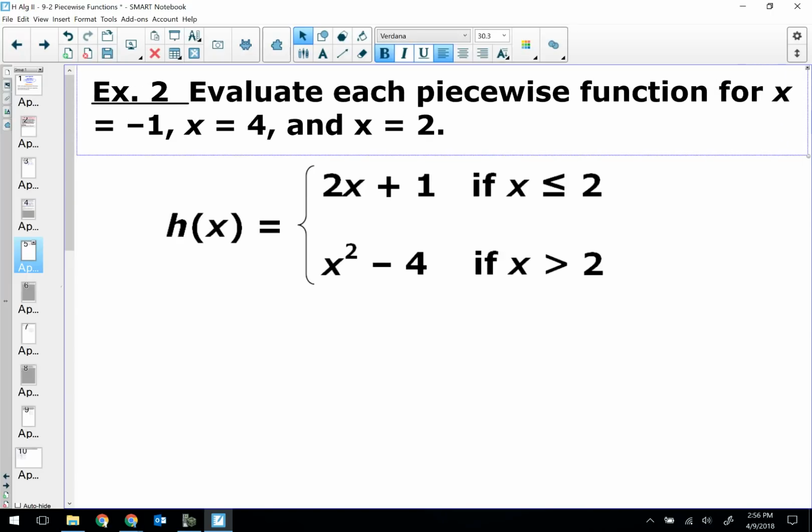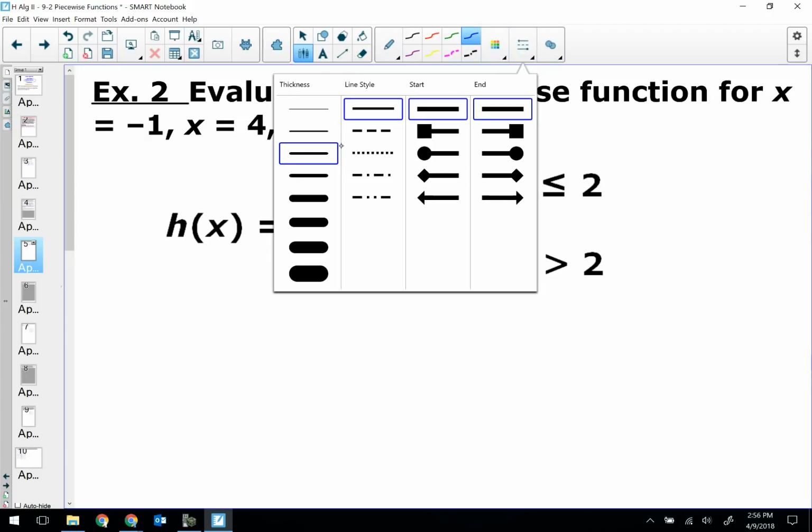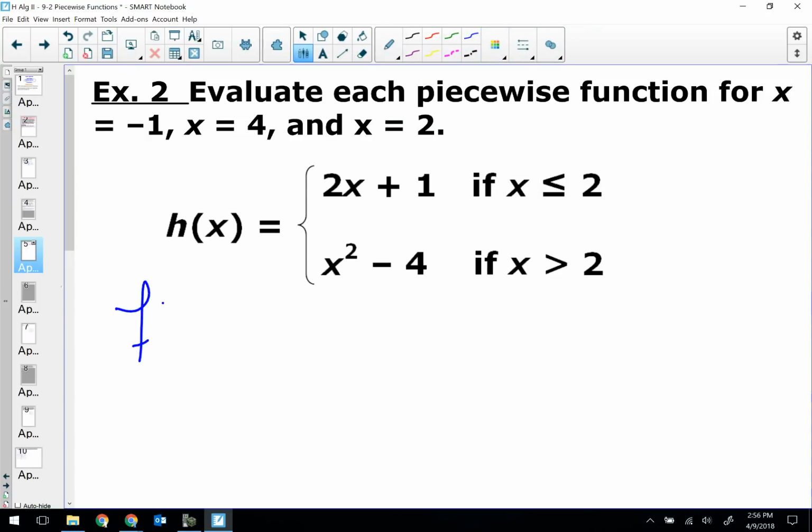Evaluate each piecewise function for x equals 1, -1, 4, and 2. So let's think about where does this go? At -1, remember that's our notation for -1. You look, okay, where is my domain? Well, -1, is it less than or equal to 2?